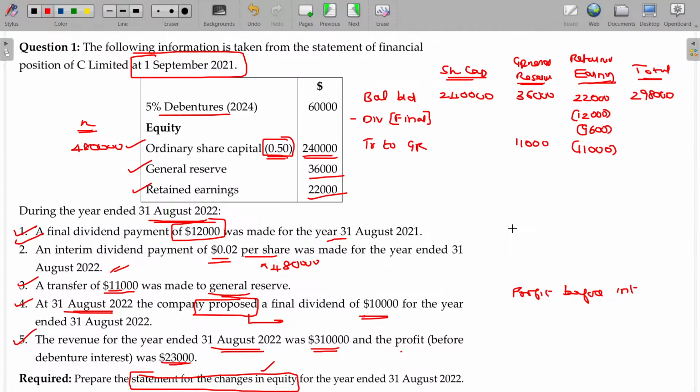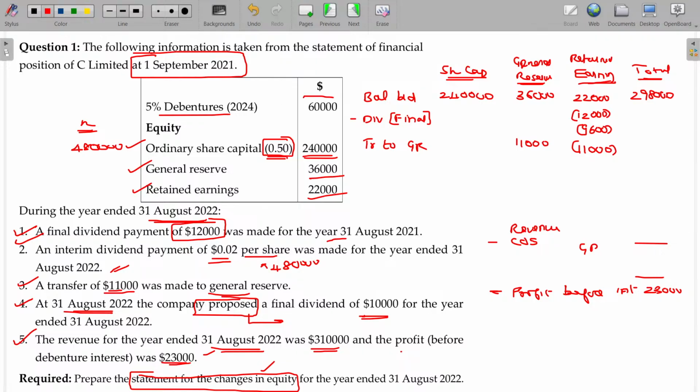In your financial statements, revenue, from there you subtract the cost of sales and other costs. This will be called gross profit, and from there other costs are also subtracted. You will get 23,000. This is called profit before interest, otherwise operating profit from operations.